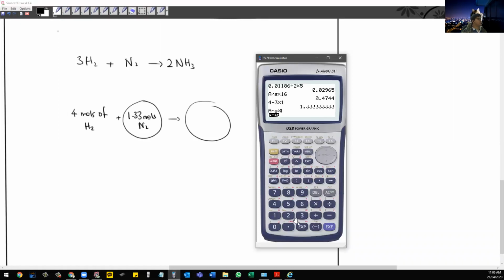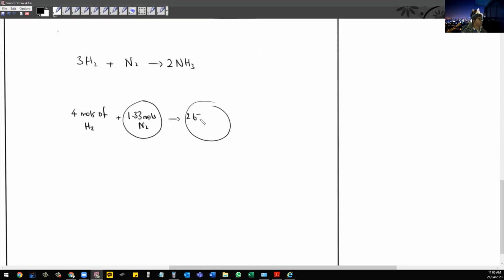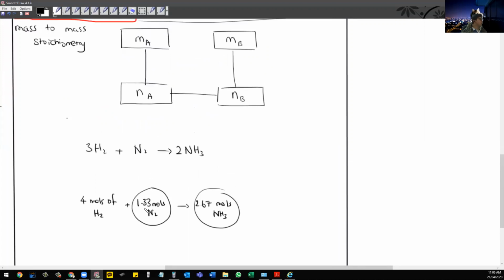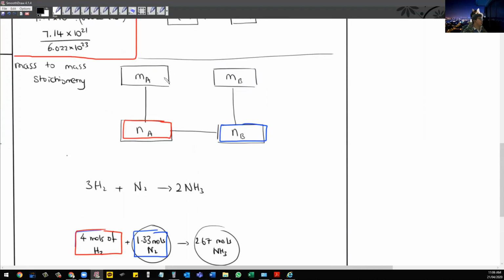That's 2.67. So what we're doing there is just going from this to this, like going from there to there.